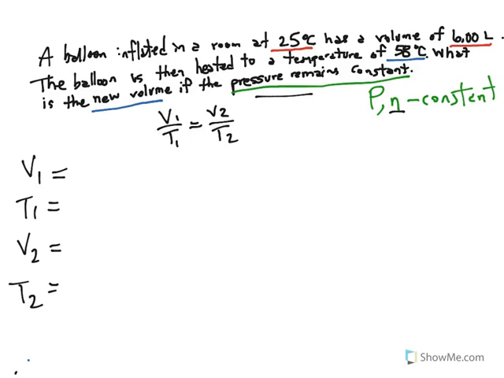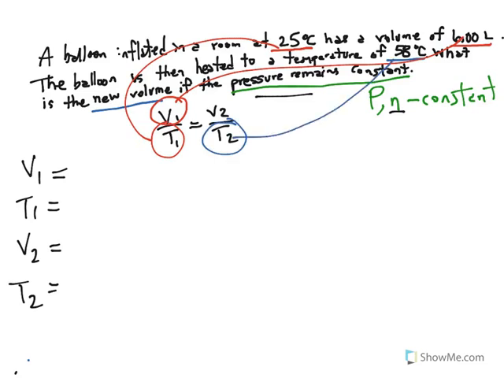We know that the initial volume is 6 liters, the initial temperature is 25 degrees Celsius, and the final temperature is 58 degrees Celsius. The final volume is something that we are trying to look for. So the one that we don't know is V2. That's what we're trying to solve for.